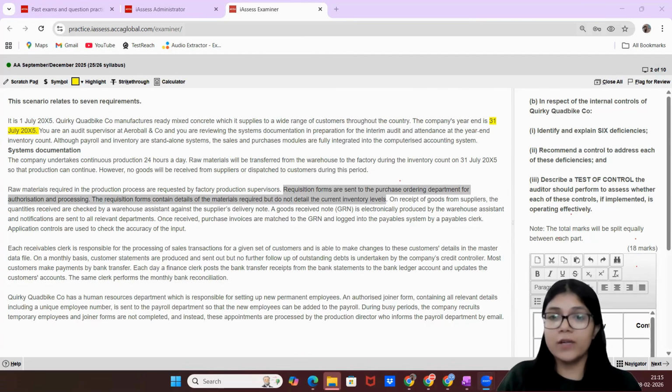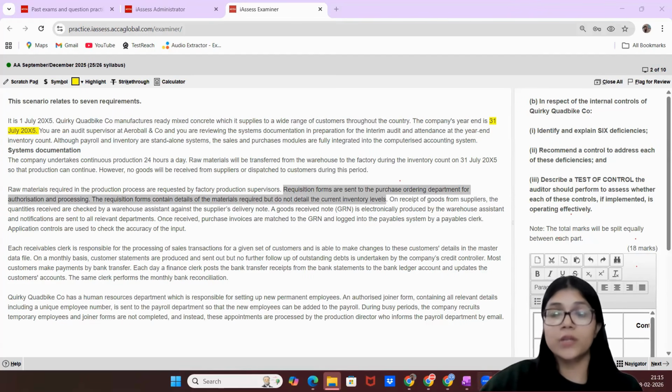But if the level is very, very low, again, that's an issue. So both of these things are an issue. If it is a lot, it's an issue. If it is very, very low, it's again an issue. But if they are not mentioning the current inventory levels, it is going to be a problematic situation for the company, because it is going to lead to either a surplus or a shortage of inventory. Absolutely correct.